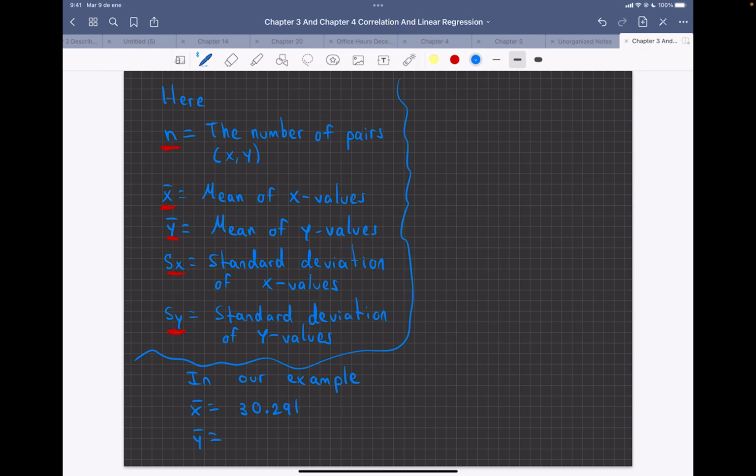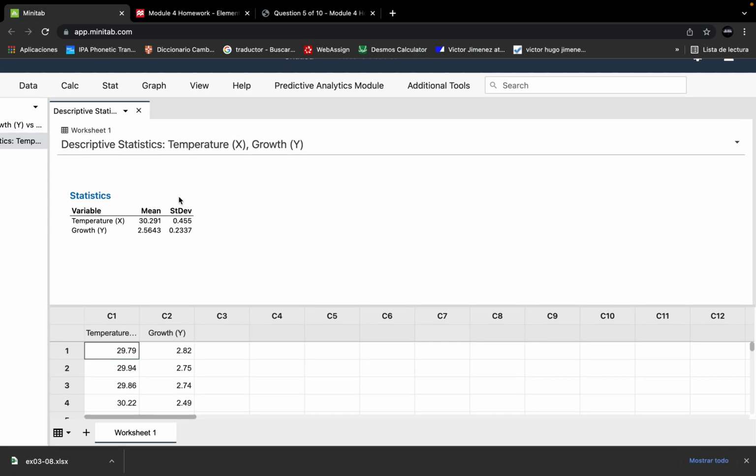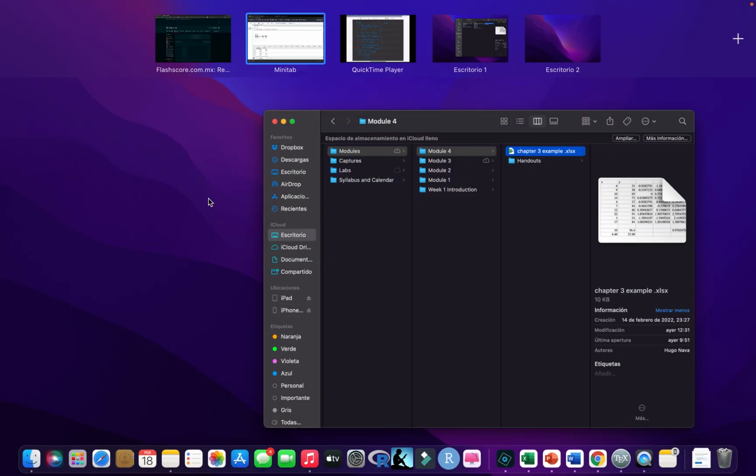Y bar is equal to 0.564. The standard deviation of X is 0.455, and the one for Y is 0.32. I want to round it up to 3 digits: 0.234.